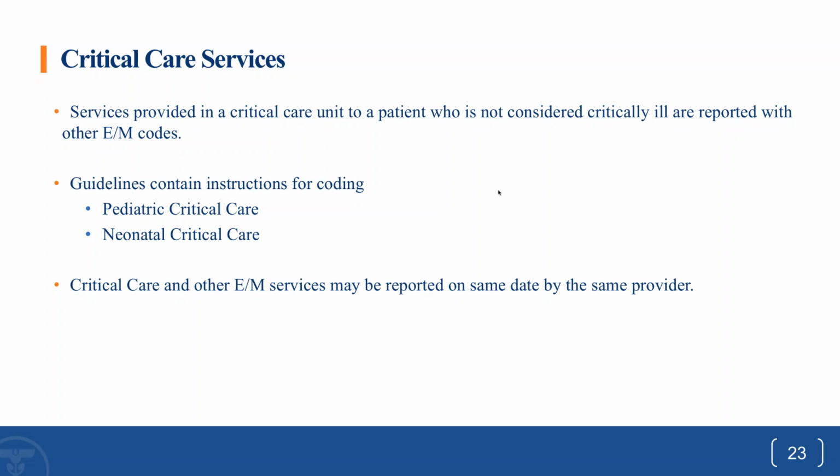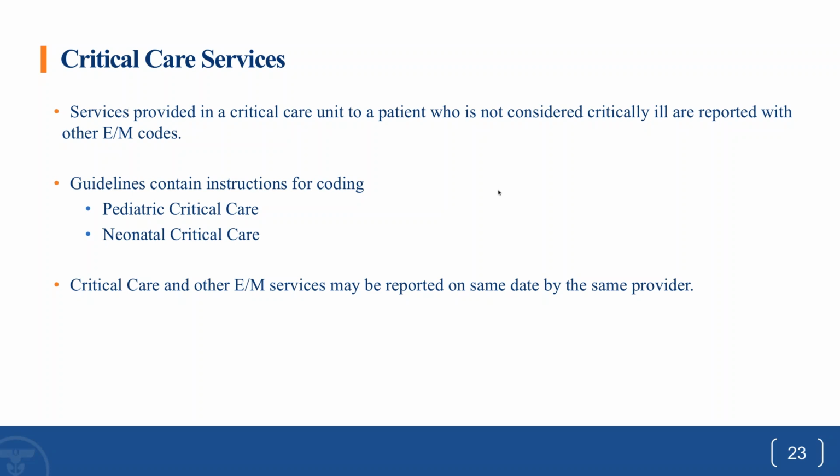You'll know which one to use. And please note that usually the critical care codes for the pediatric and neonatal patients are bundled. They have a whole bunch of services bundled into that one CPT code, and those services are listed on the page.